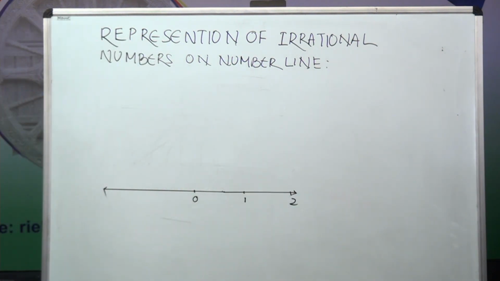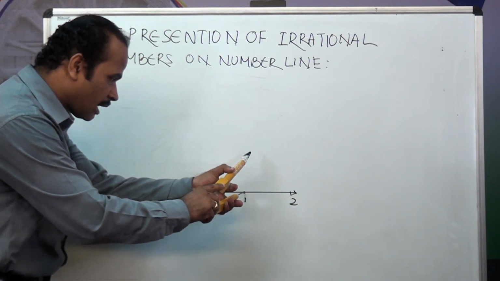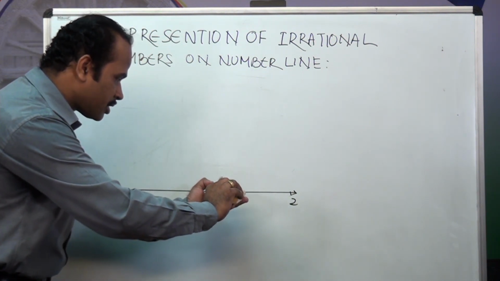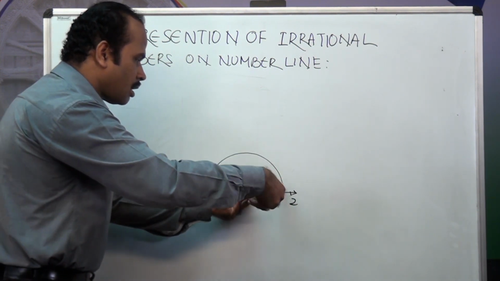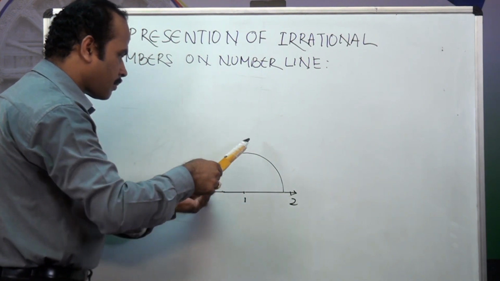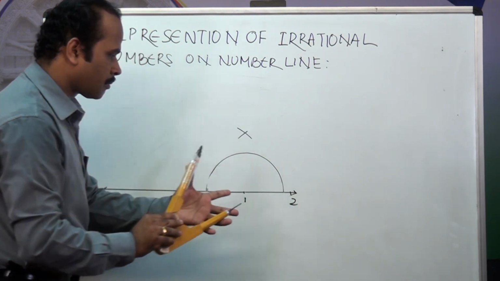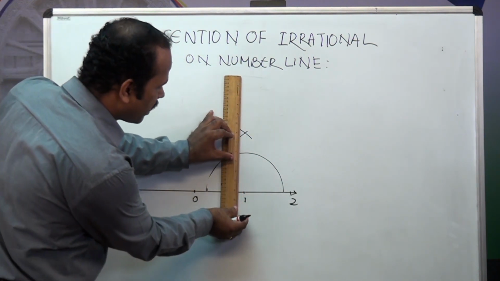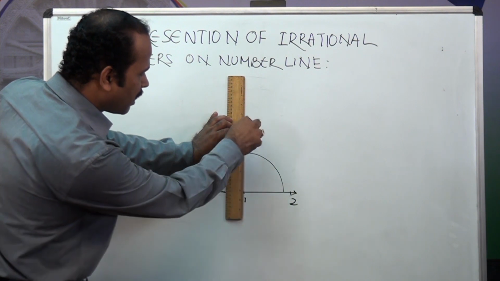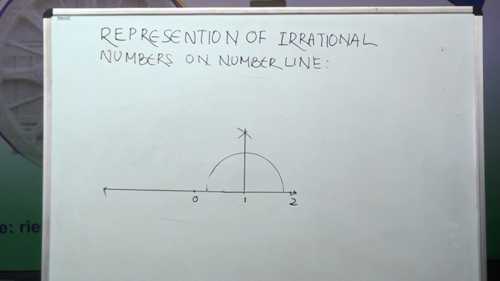Now with this 1 unit, let me find a perpendicular at 1. As we have seen, how do we construct a perpendicular there? So we can draw it by using this. Now this is the perpendicular we have constructed.